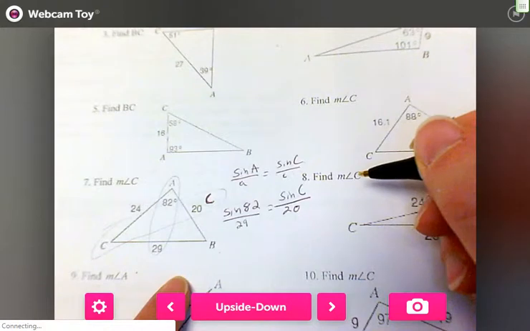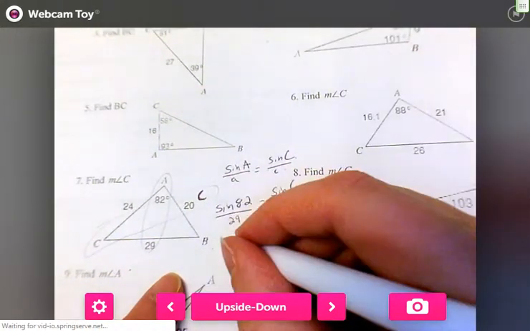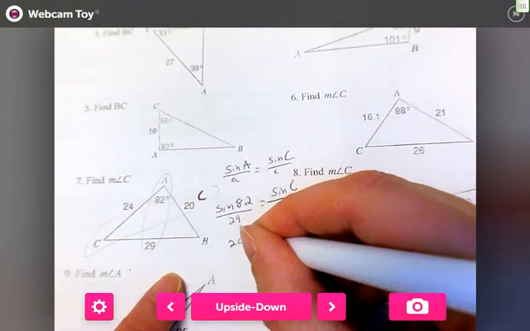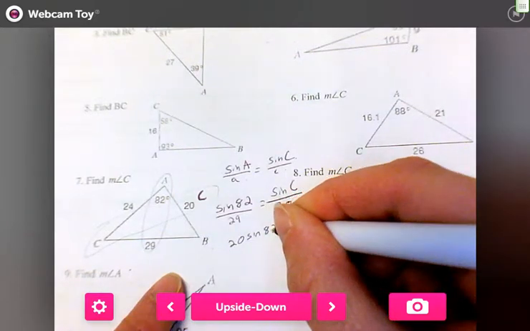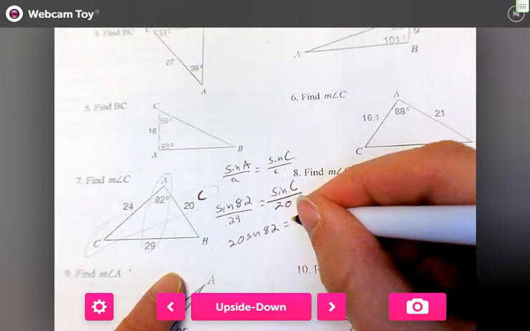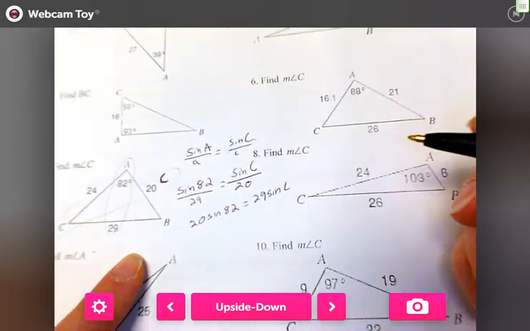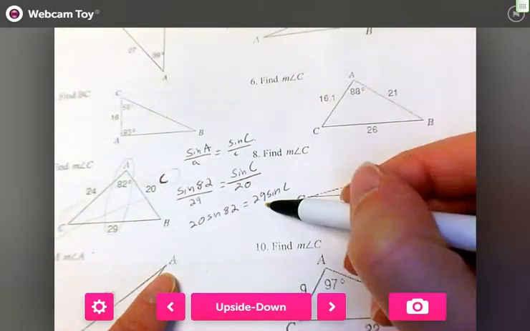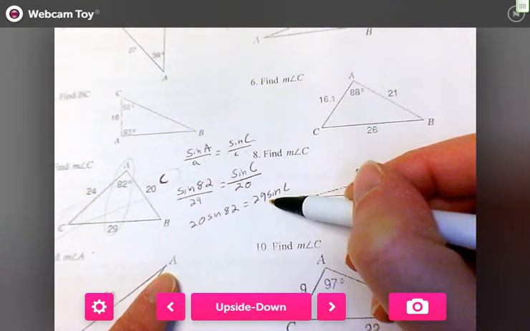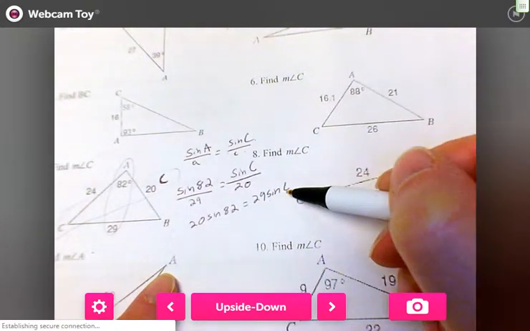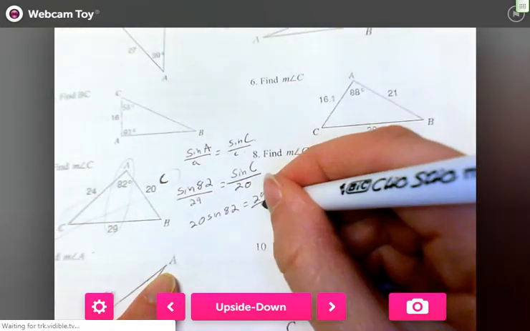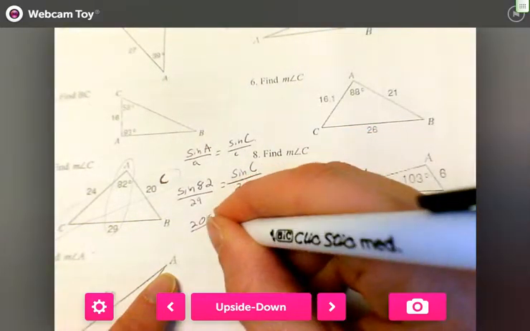Okay. Now we're going to cross multiply. So we get 20 sine 82 equals 29 sine C. Okay? Can I have that 29 over here? So I'm going to do what? What's the opposite of multiplication? Division. Divide by 29. Okay?